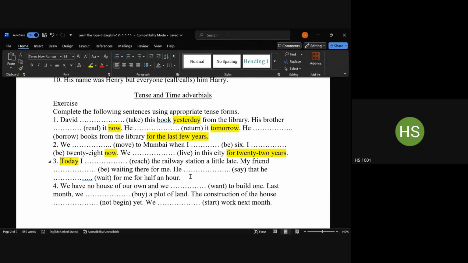You're saying today I reached the railway station a little late, so after that, can you say my friend is waiting there for me? Before I say anything, the first thing you need to keep in mind, because you're going to get questions, I think you've already had such questions in the exam, right? Tense consistency is one thing. If you're using one tense, then you need to maintain that tense, right?